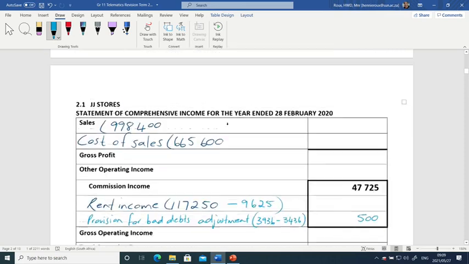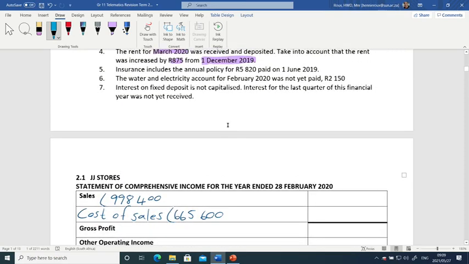And then the last one, interest on fixed deposit is not capitalized. That means we receive the interest, whether it is every month or every 3 months or every 4 months or annually, but we receive, so we debit bank and we credit interest on fixed deposit. And the interest for the last quarter of this financial year was not yet received.